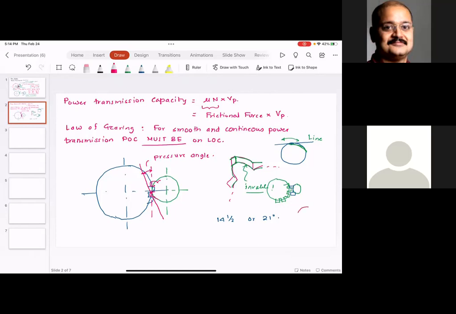Ideally, you have gears which are two circles rolling on top of each other. If you were to trace the point P on the small or the big circle, you would also get a curved profile, and that profile is called the cycloidal profile.